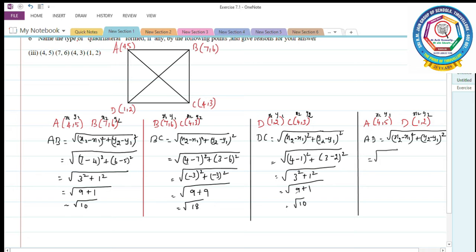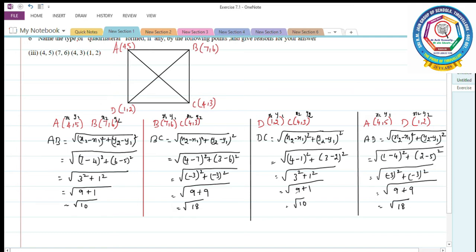This is equal to square root of (1 minus 4) the whole square plus (2 minus 5) the whole square, then square root of (minus 3) the whole square, 9, plus (minus 3) the whole square, 9. Therefore, square root of 9 plus 9, that is equal to square root of 18. Now I got the four sides' distances.